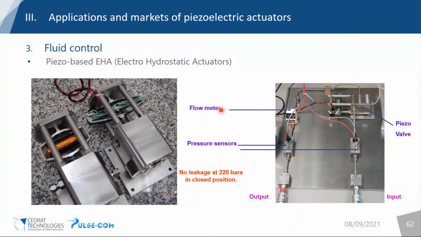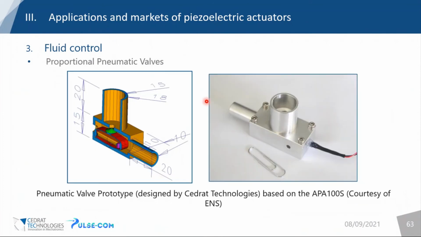The valve has shown no leakage up to 220 bars in the closed position of the piezo actuators that you have here. And as far as proportional pneumatic valves are concerned, we have manufactured, with an APA from CTech, a valve that was able again to close and open a fluid circuit.